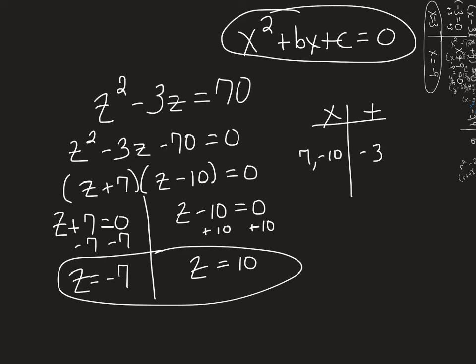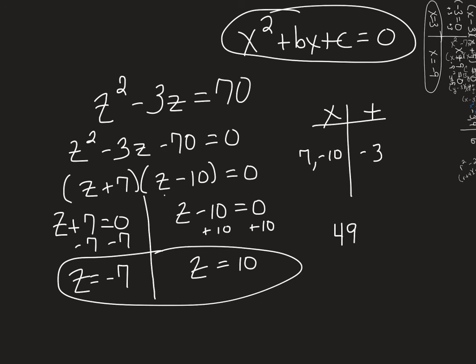If you're not sure, go back and plug it into the original equation and see if you get a true statement. Or plug it into the factored form. Negative 7 plus 7 is 0, and 0 times anything is 0. Or if you plug in the 10, 10 minus 10 is 0. If we plugged it back into the original equation, negative 7 squared is 49.